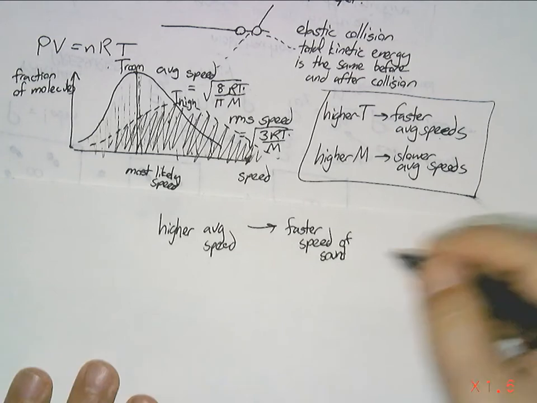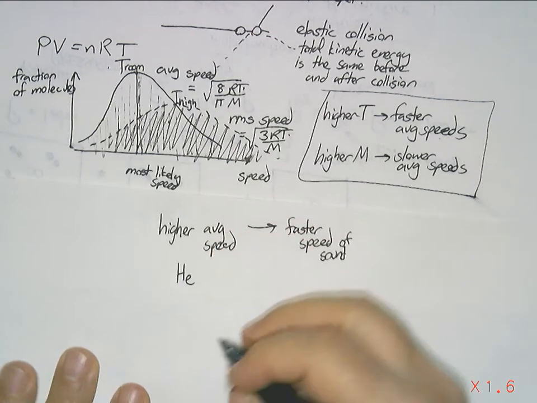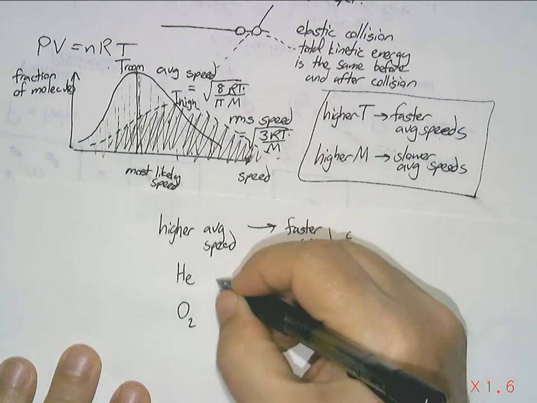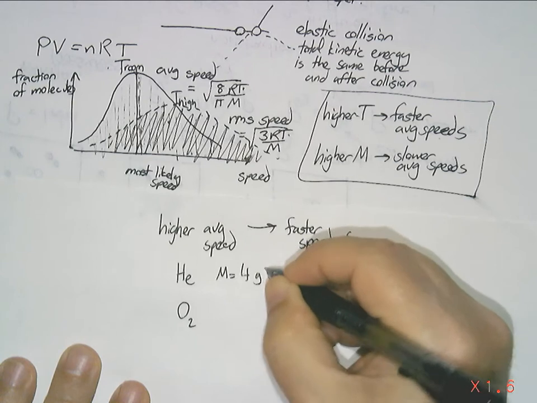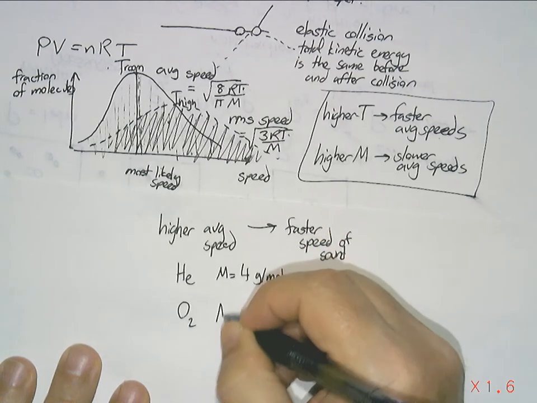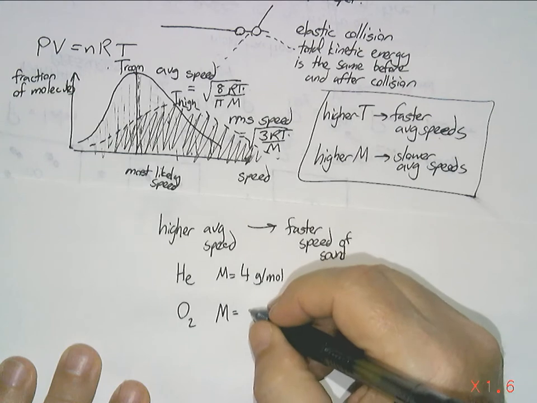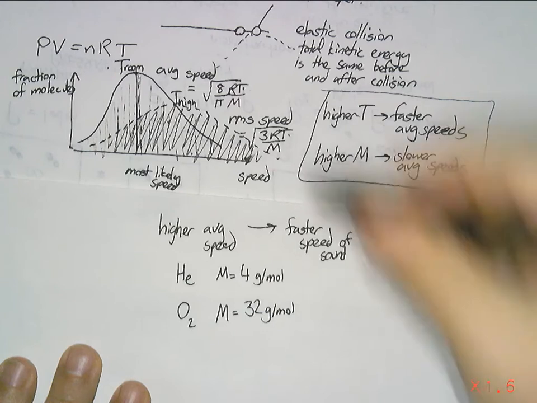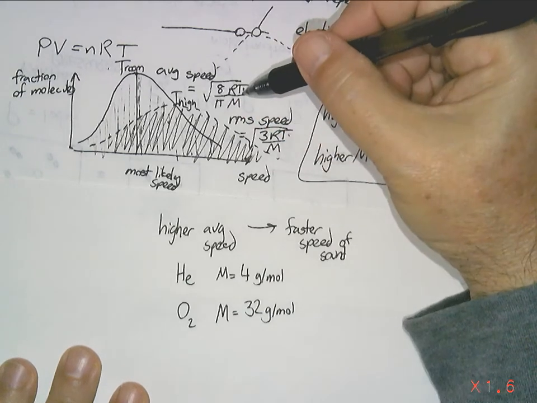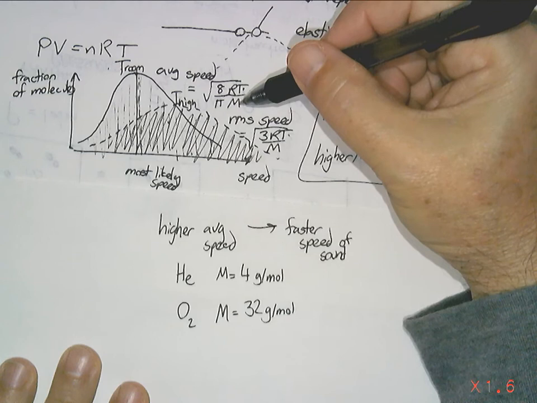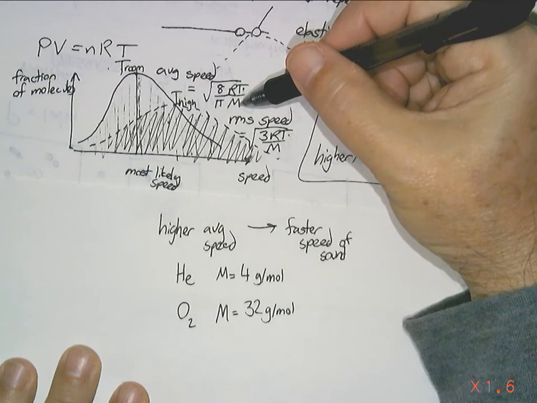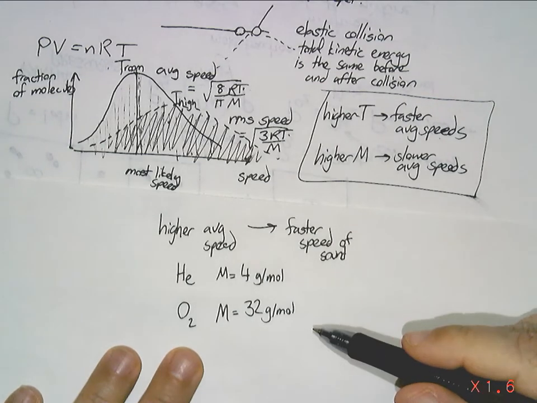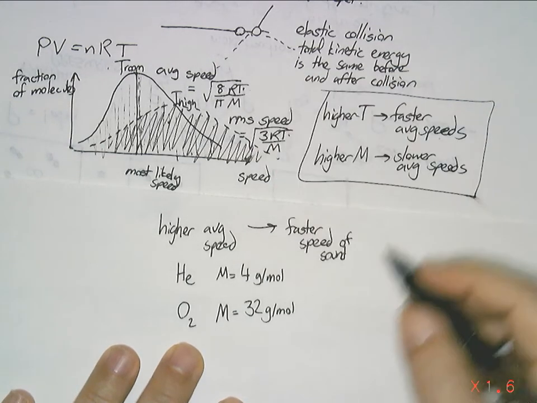So let's look at helium versus, say, oxygen. Now helium has got a molar mass of about 4 grams per mole, and oxygen has a molar mass of about 32 grams per mole. If you look at our equations for average speeds, the one with the bigger molar mass is going to have the lower average speed if they're both at the same temperature.